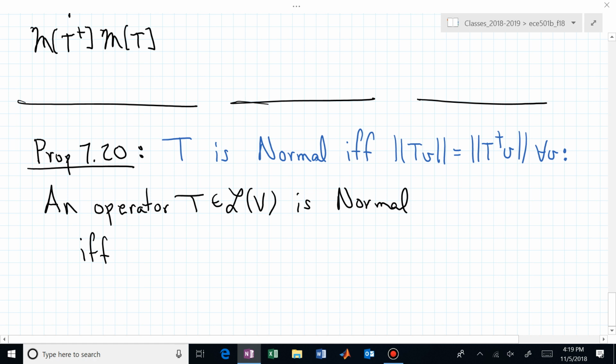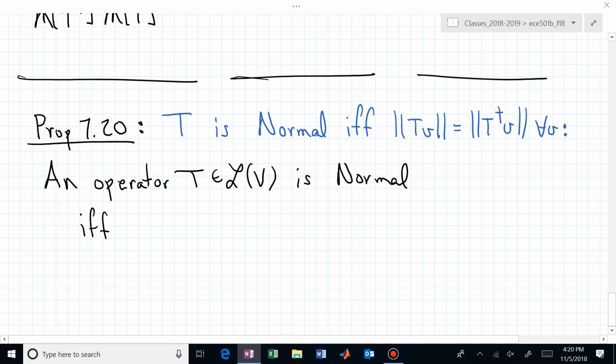So now we have T is normal if and only if the norm of Tv is equal to the norm of T dagger v for all v. That's the label on proposition or theorem 7.20. Here's the statement.